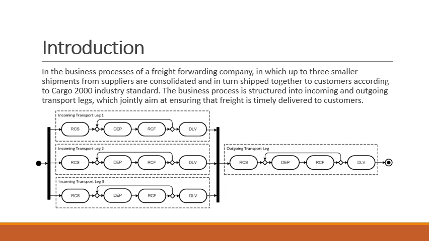steps are going to be identified, and the time spent in these steps will also be forecasted with time series forecast models. In the business process of a freight forwarding company, 3 smaller shipments from the supplier are consolidated and in turn shipped to customers according to the Cargo 2000 industry standard.